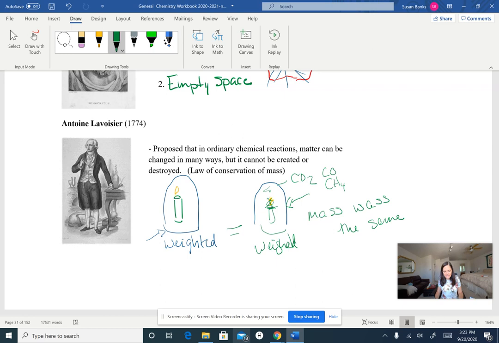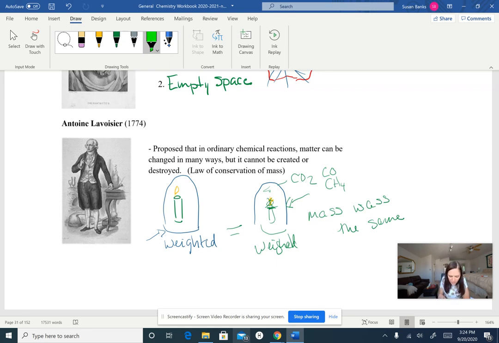So he realized that the things that you start with in a reaction may be different than what you end up with, but the mass that you start with is always the same as the mass that you end up with. So this is his idea that he proposed, and it's a very important idea.